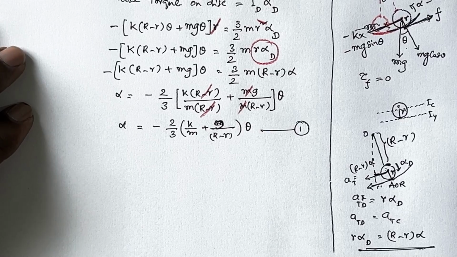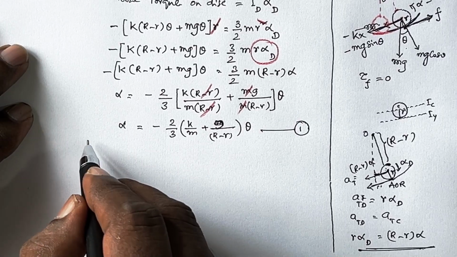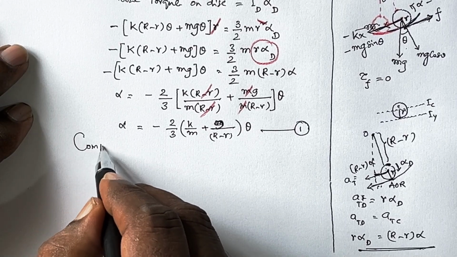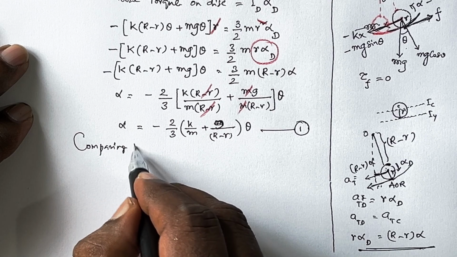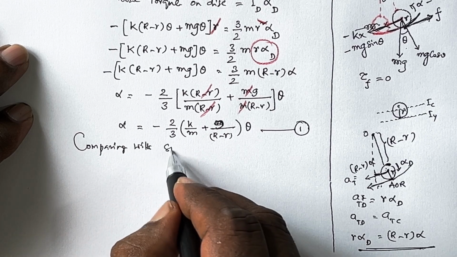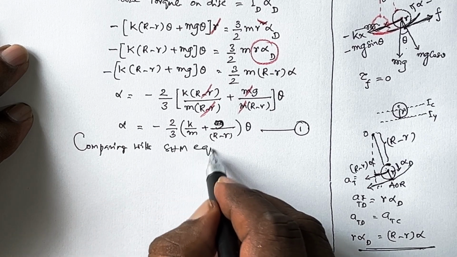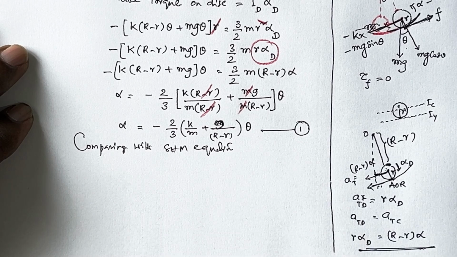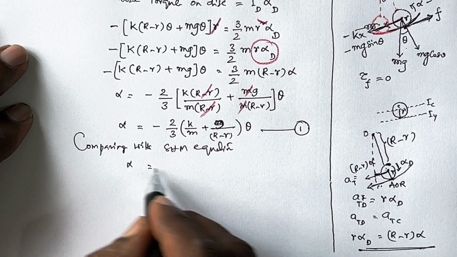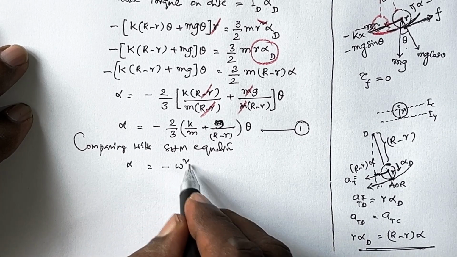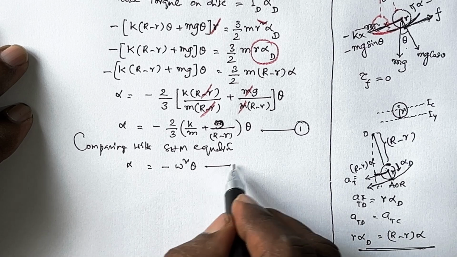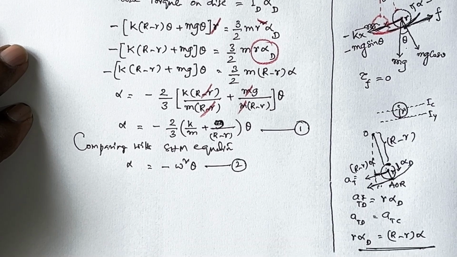Now this equation resembles SHM. Comparing with the SHM equation. What is the SHM equation? Alpha is equal to minus omega square theta. This is the SHM equation.